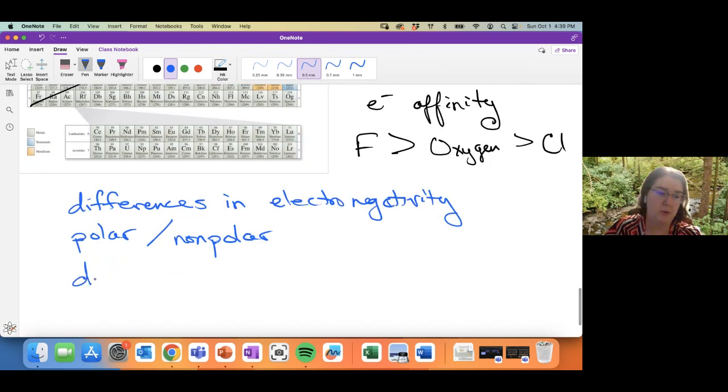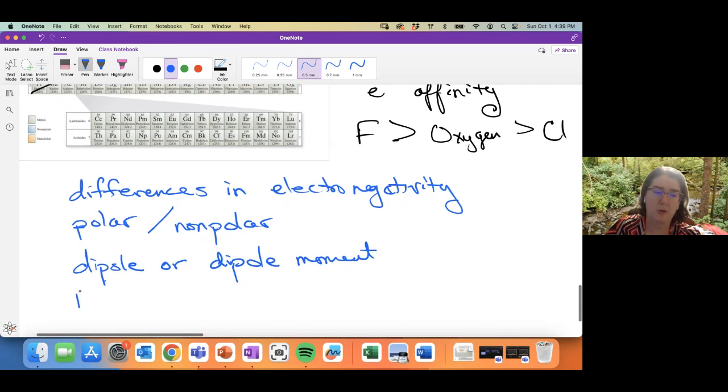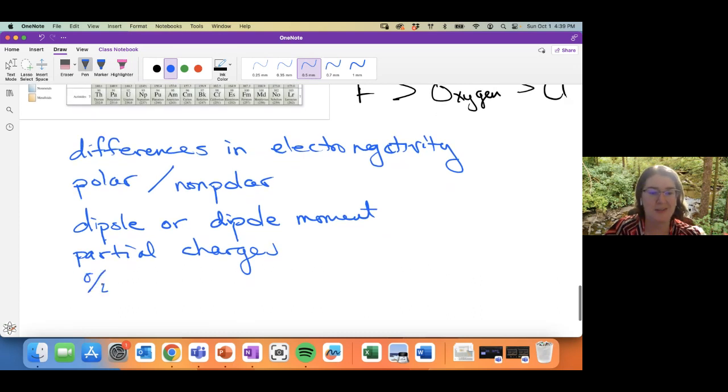I'm going to include dipole or dipole moment. I'm going to include partial charges. I'm also going to include percent ionic character.